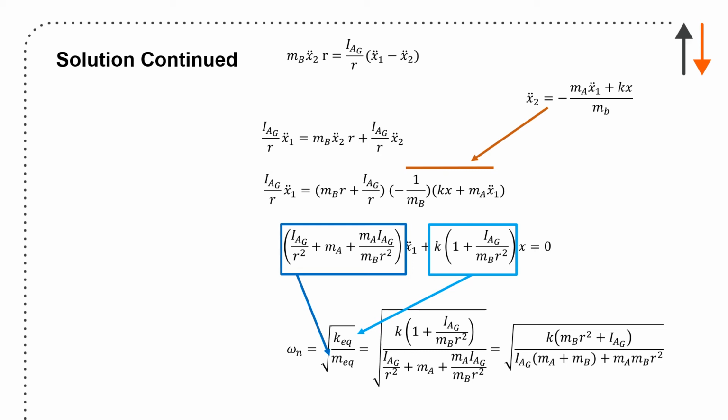The term in the dark blue square is my M equivalent. Substituting in terms, I end up with the natural frequency of the system, the natural circular frequency depending on which book you're using: natural circular frequency for Meriam and Kraige, and natural frequency for Hibbeler.